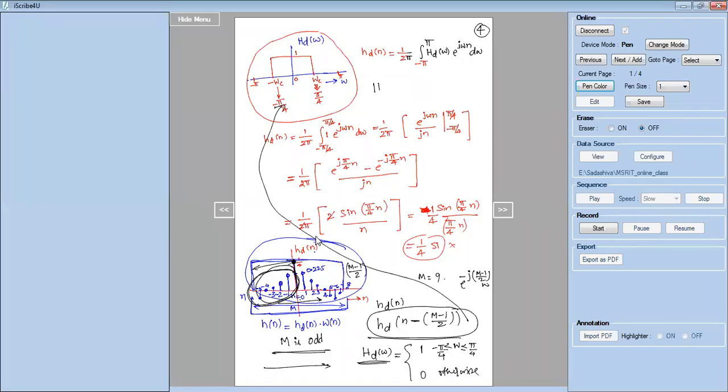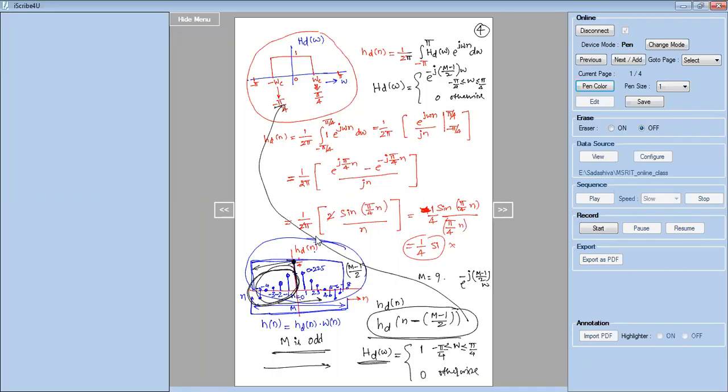So now my Hd of omega is no more just a 1. It is e to the power of minus j (M minus 1) divided by 2 into omega, for omega between minus pi by 4 to pi by 4 and 0 otherwise. Making sense?